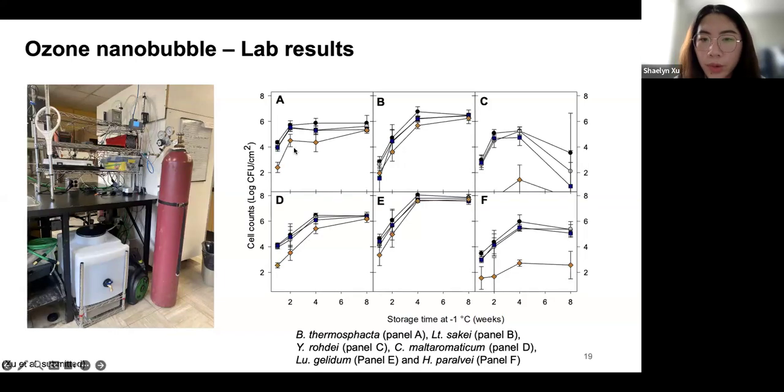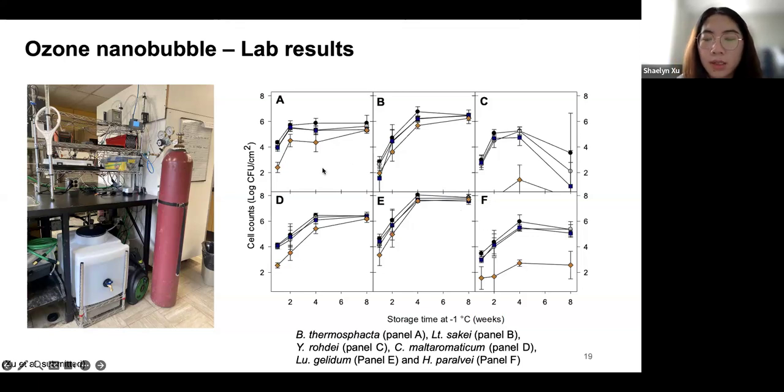The blue squares represent the inoculated meat samples treated with ozone nanobubbles, and the orange diamonds represent the meat samples washed with peroxyacetic acid. The different panels represent different strains. For example, A is Brochothrix, B is Lactobacillus, C is Yersinia, D is Carnobacterium, E is Leuconostoc, and F is Hafnia.